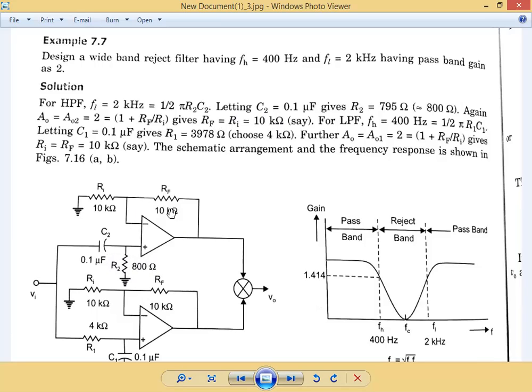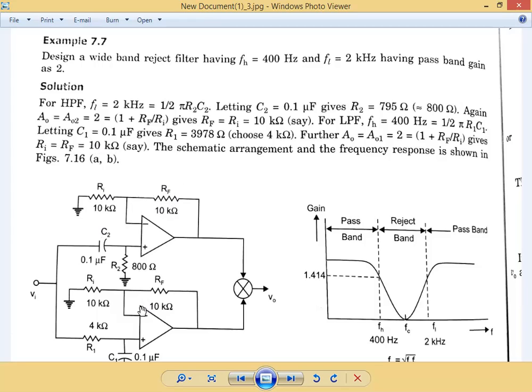The RF value must be 10 times greater than this input resistance value, for maintaining stability of the operational amplifier. So for that reason we take the RF value as 10K, and as the pass band gain is given as 2, RF is equal to R1. Both are taken as 10 kilo ohms.